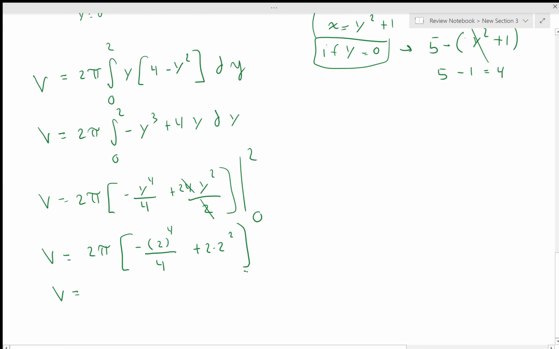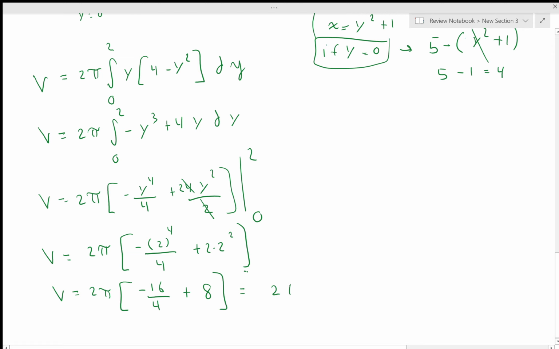So 2 to the 4th is 2 times 2 is 4, times 2 is 8, times 2 is 16, negative 16 over 4, plus 2 to the 3rd, which is 8.